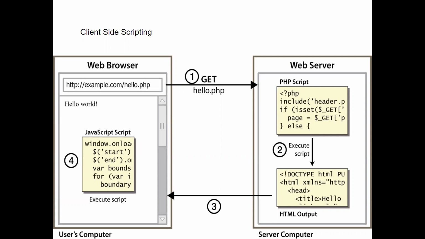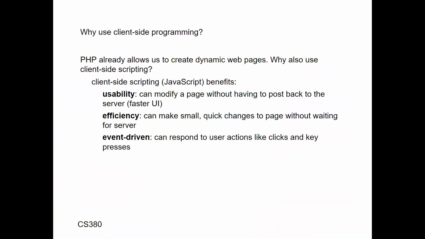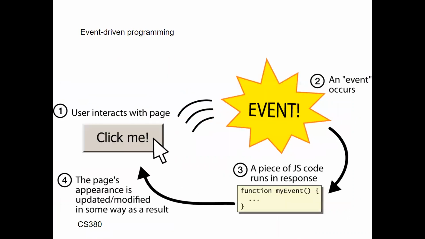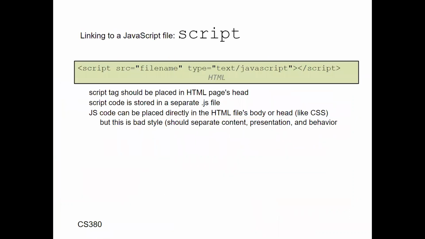Whenever you want client-side scripting, we'll go with JavaScript. Client-side means executing at the browser itself instead of at the backend. These are the main advantages we discussed, and how we can implement it externally using a simple script tag: src equal to the JavaScript file and type text slash JavaScript.